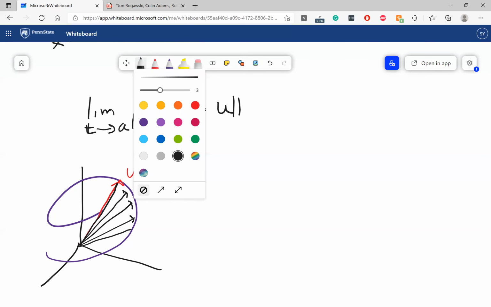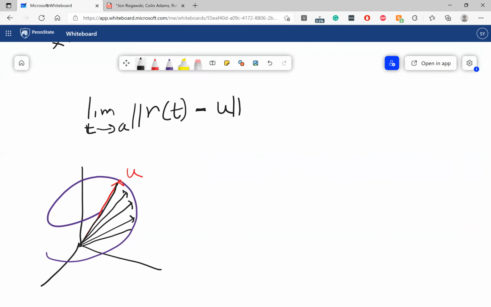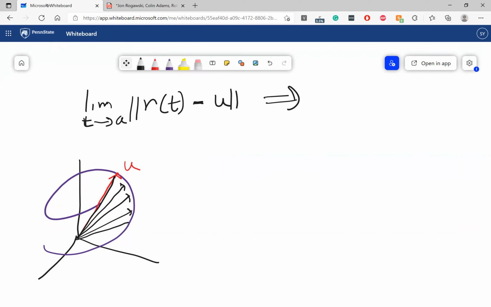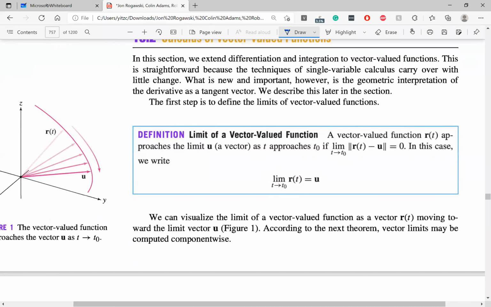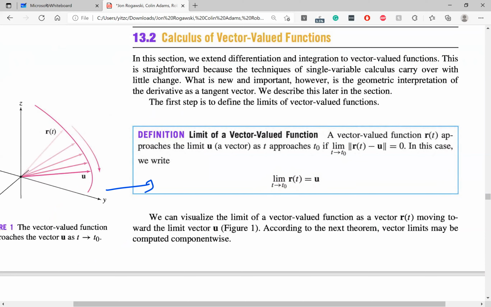Then we say that the limit as t goes to a of R of t is equal to this vector u. Okay, and that's this definition over here. So a very intuitive definition for the limit, same thing that we've seen in Calc 1. You take the limit, and if as you approach your vector, your distance goes to 0, which is given here, then we just say your limit is that u.